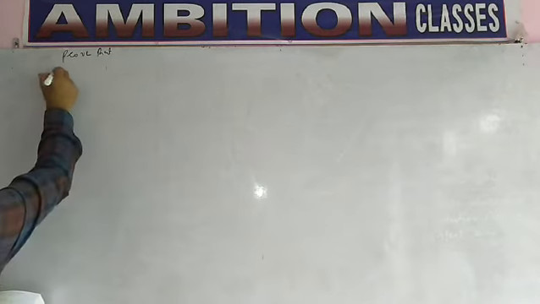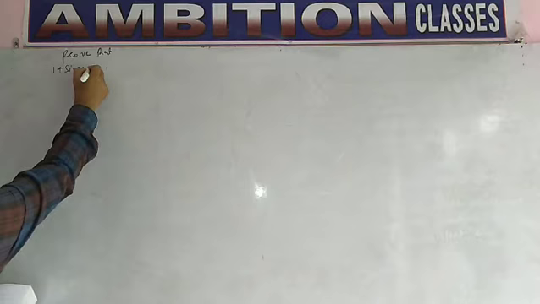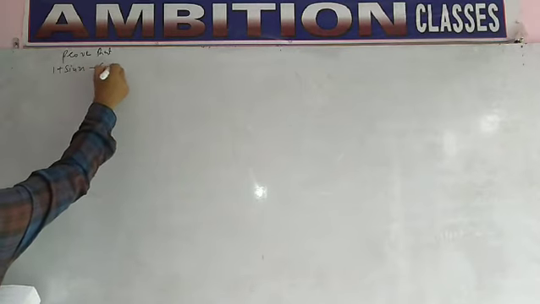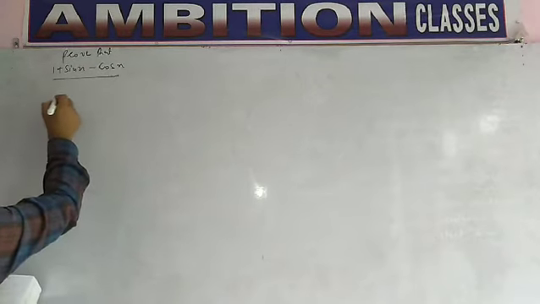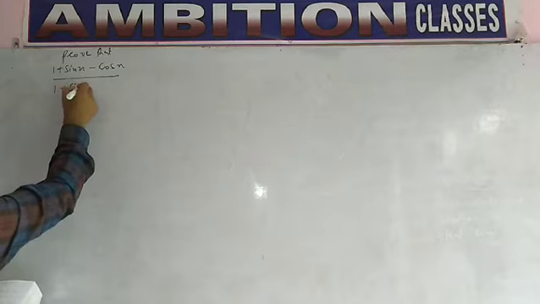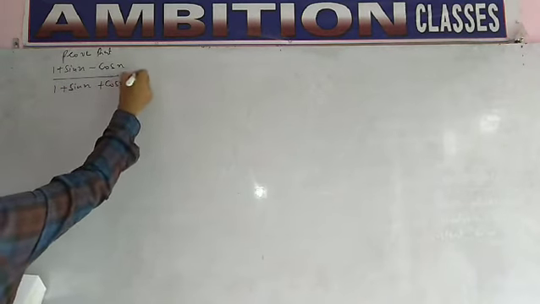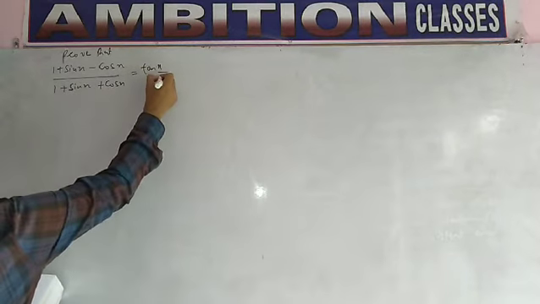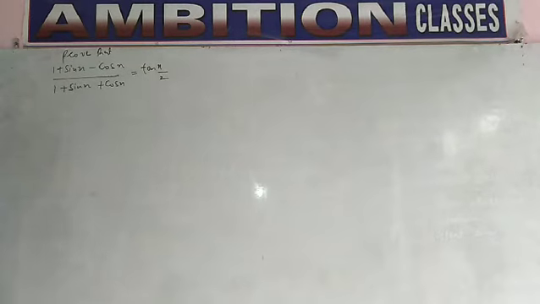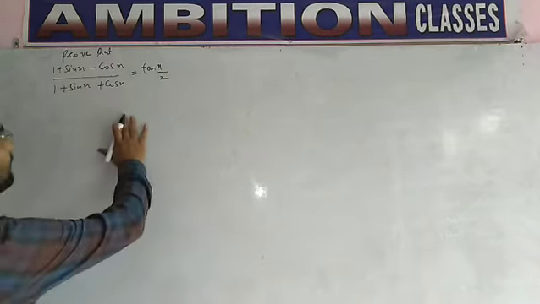Prove that (1 plus sin x minus cos x) upon (1 plus sin x plus cos x) equals tan x by 2. Now we have to solve this students. Okay students. Now let's apply some formula.